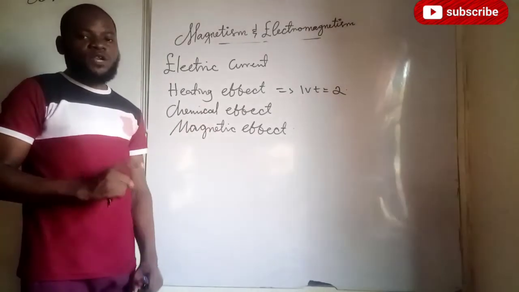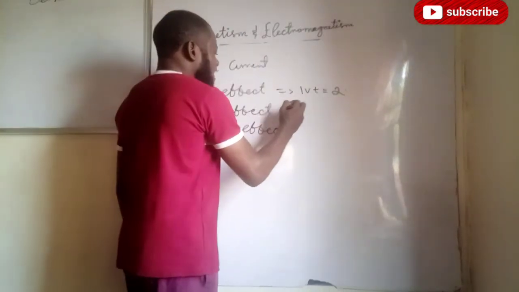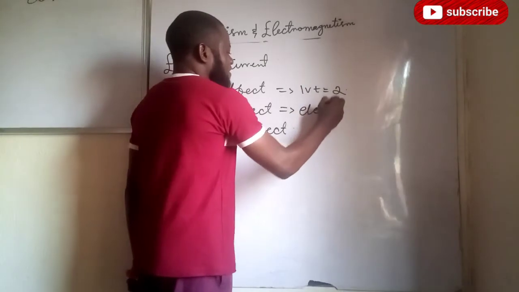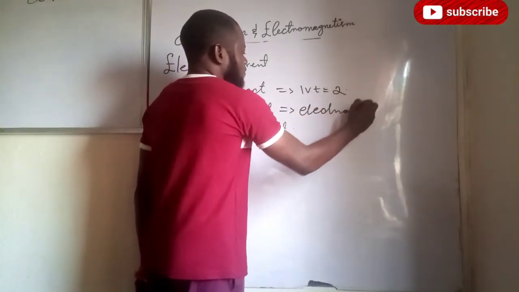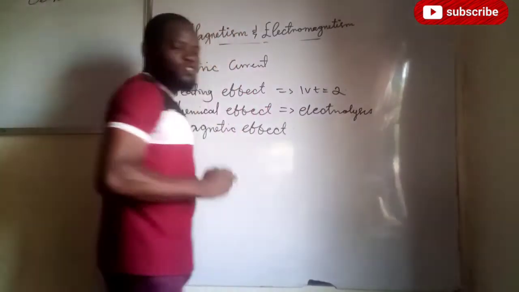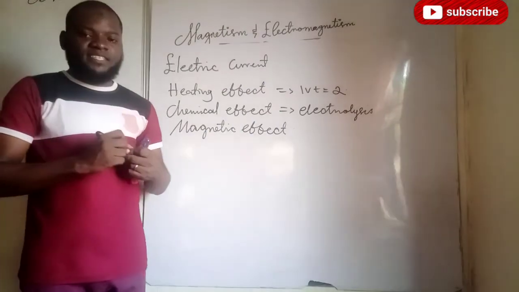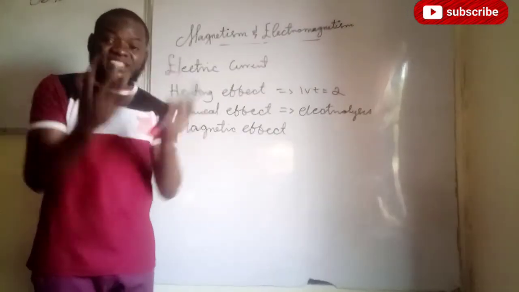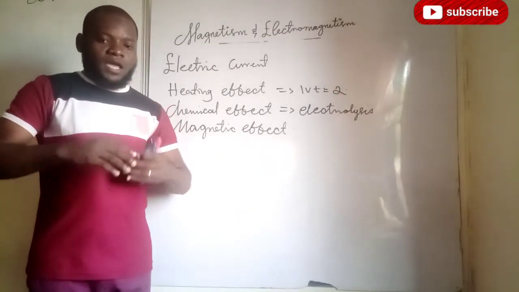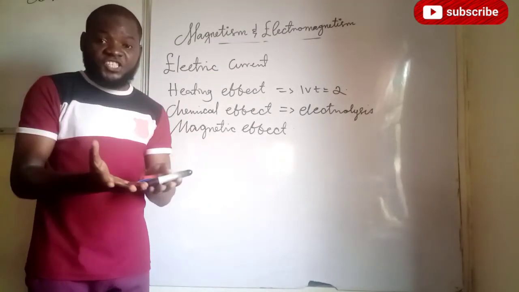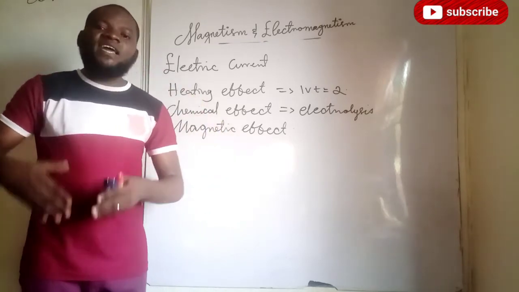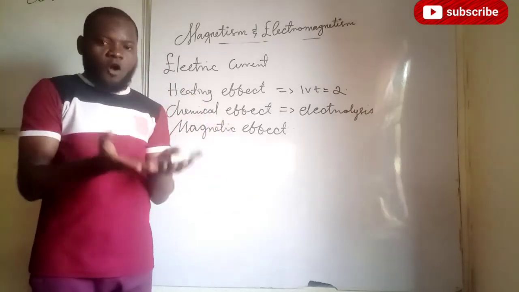As for the chemical effect of current, that is what we call electrolysis. And what is electrolysis? Electrolysis is dissociation. When a compound dissociates, that is, a compound breaks into its simplest form.